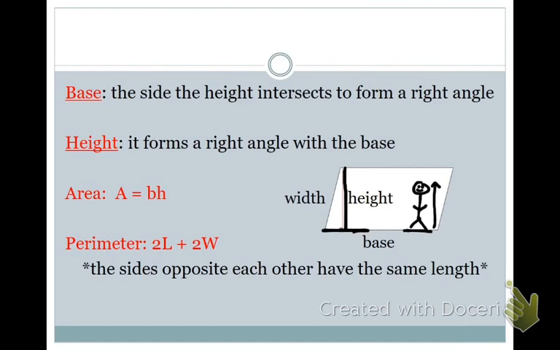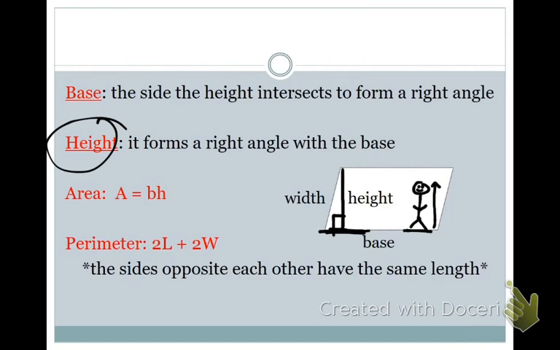If you remember, here we've got this right here, that's our 90-degree angle, okay? So the base is that bottom part. Now let's think about the height. The height forms the right angle with the base. So once you have found the base, the bottom part, the height is how tall something is. It's going up there and it's forming, once again, a right angle that you can see right there.